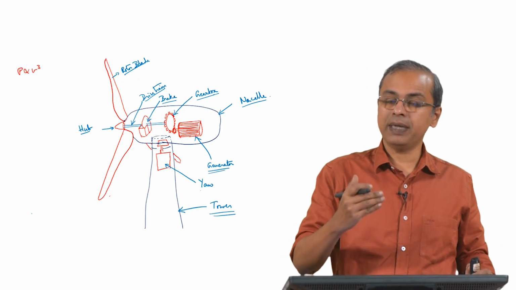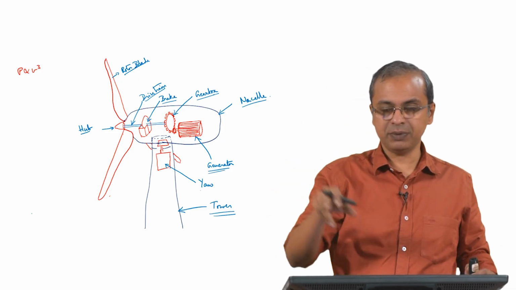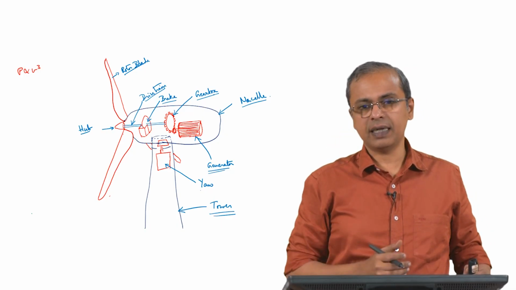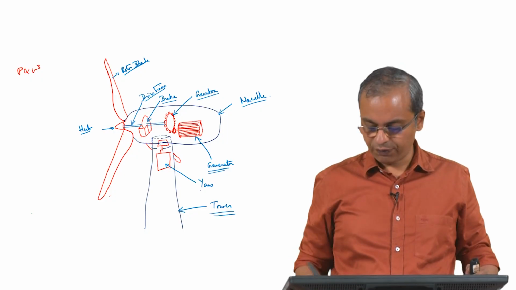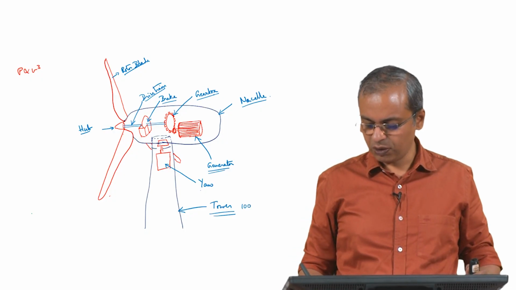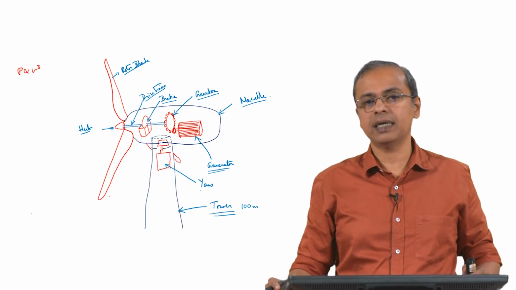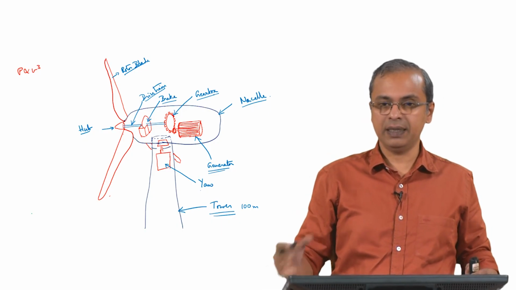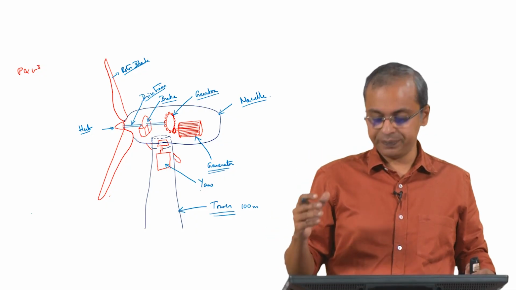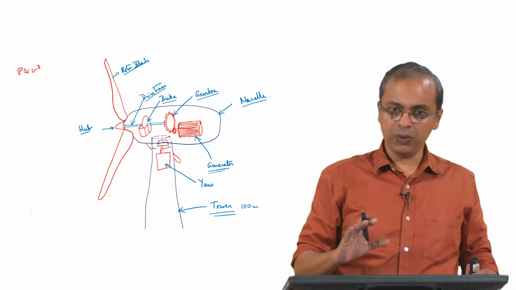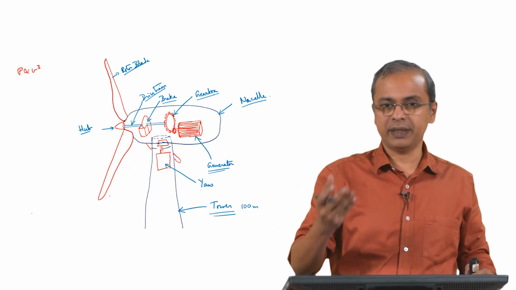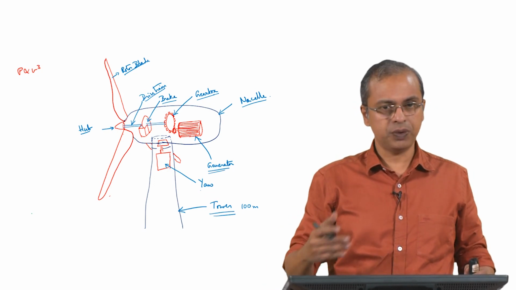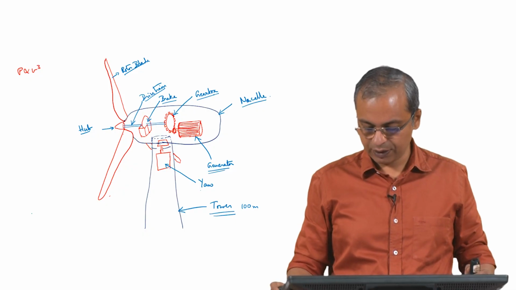And therefore the lowest point of the blade, when it comes around that circle, is still several tens of meters off the ground. So you are looking at tower structures of the order of 100 meters. There can be variation, depending on your wind and the windmill blade, but maybe 60, 70, 80 meters, several tens of meters, usually more than 50 meters is what we are looking at.